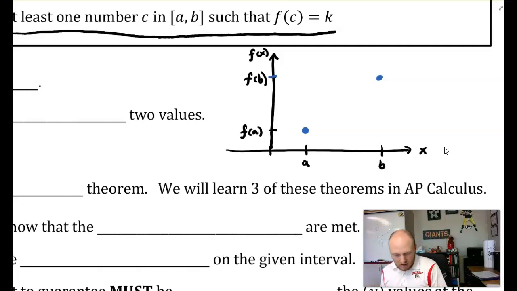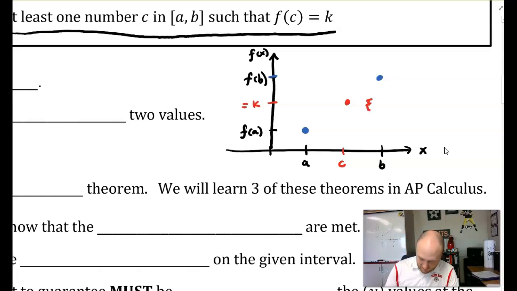Okay, the IVT uses these values, and it says, okay, if there exists a k value, which is somewhere right here, there must be a c value somewhere in between a and b that gives us k. So f of c is k, and I'll plug this in here.